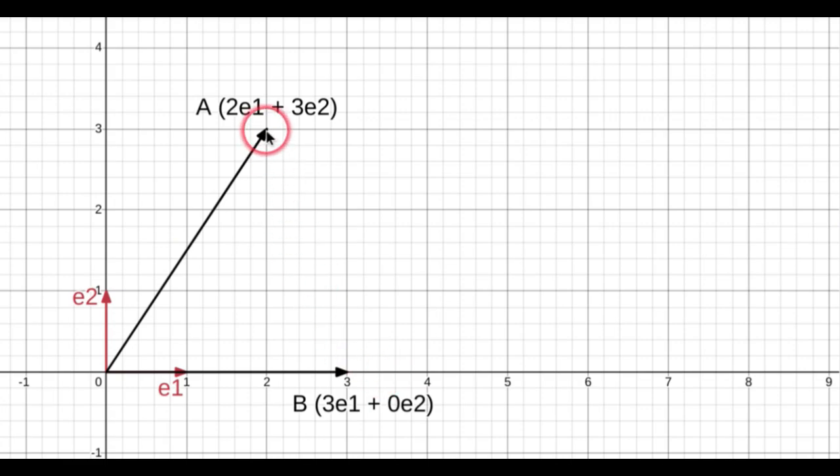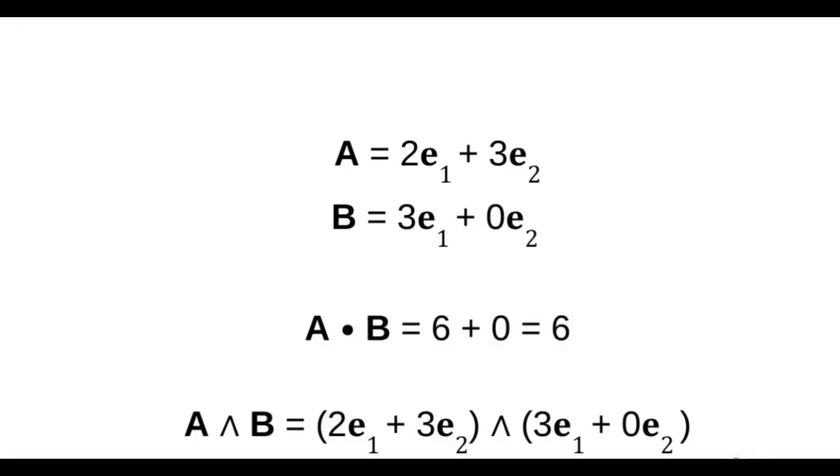It is the projection of A onto B. If I drop a plumb bob such that I form a right angle, this is the projection of A onto B, and its length is 2. So it's 2 times 3, which is 6. So the dot product of A and B is 6 via this method of dropping a projection onto B.